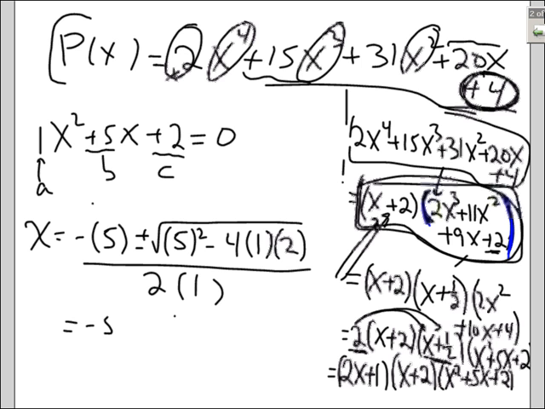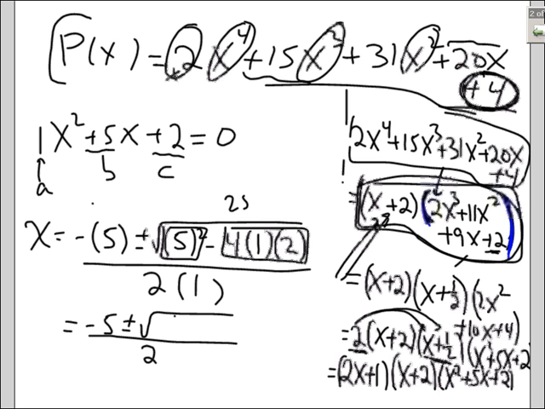So it's negative 5 plus or minus that square root stuff over 2 times 1 is 2. Well, 5 squared is 25. And 4 times 1 times 2 is 8. And 25 minus 8 is 17. So it's negative 5 plus or minus the square root of 17 over 2.